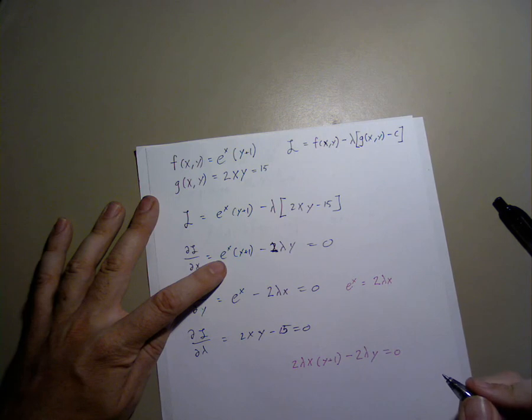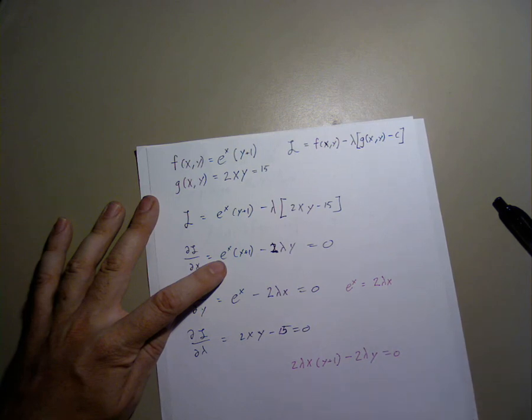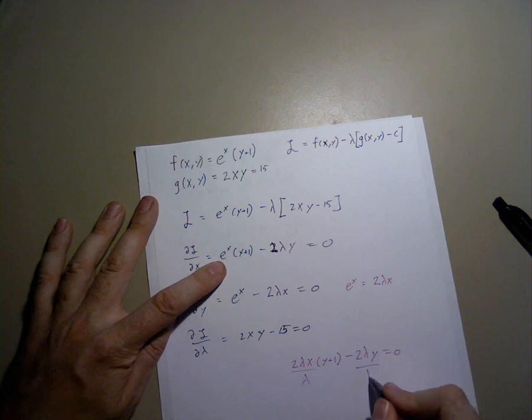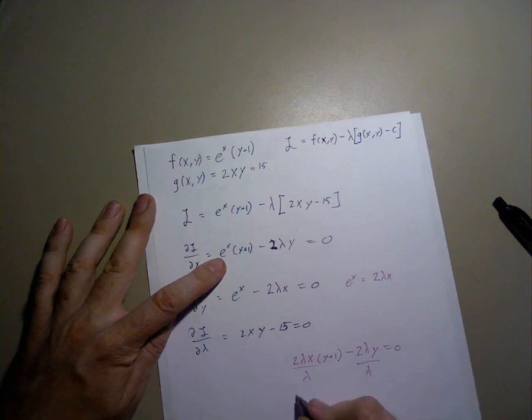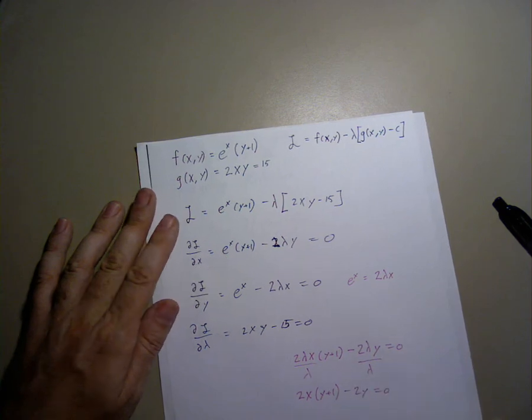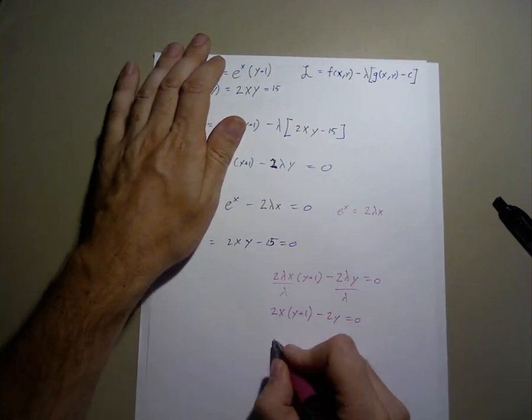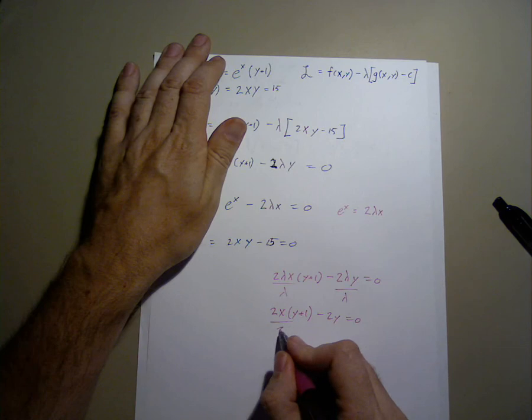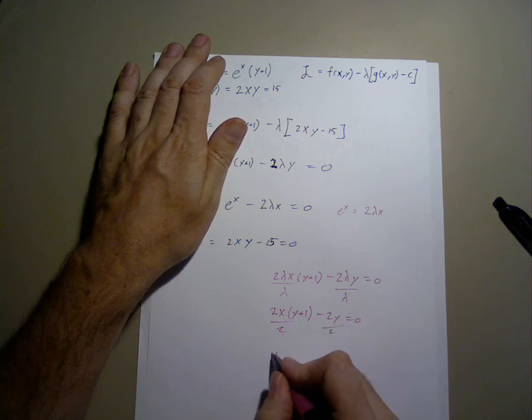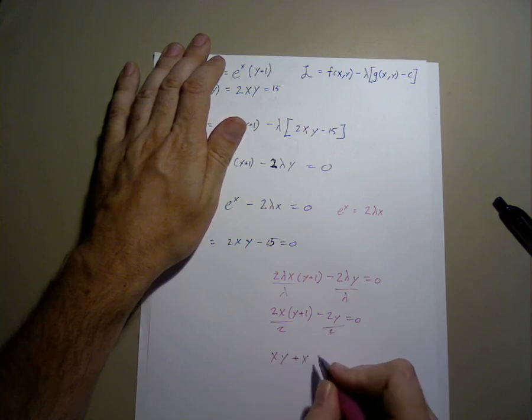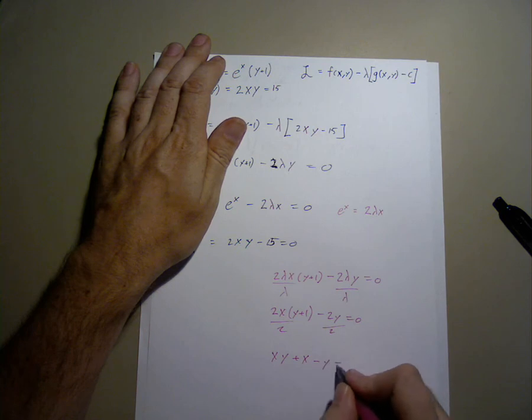In this case, we can get rid of the lambda, divide both sides by lambda, and we're left with 2xy + 1 minus 2y equals 0. To simplify this, we can expand and divide both sides by 2 as well. xy + x minus y equals 0.